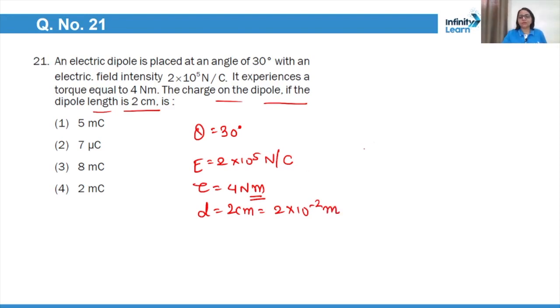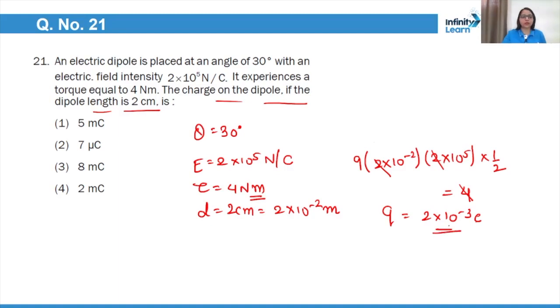So tau is pE sine theta. p is Q into d. E is 2 into 10 power 5. Sine 30 degrees is 1 by 2, and that is equal to torque 4. So we get Q as 2 into 10 power minus 3 coulomb, which is 2 millicoulomb. So the correct answer is option 4.